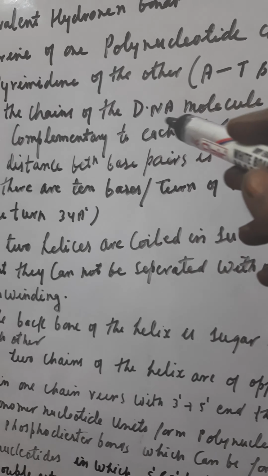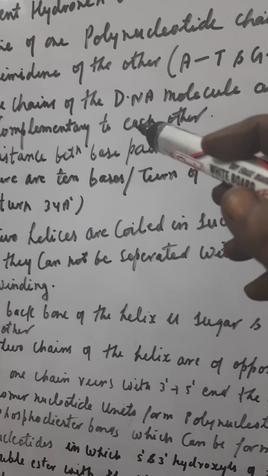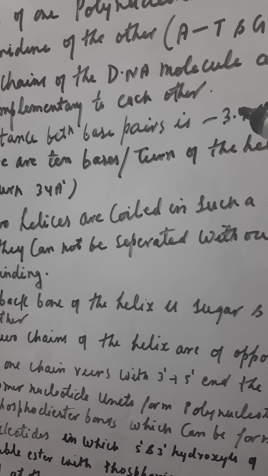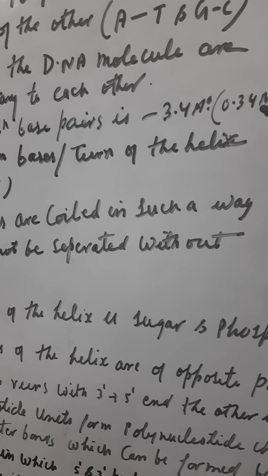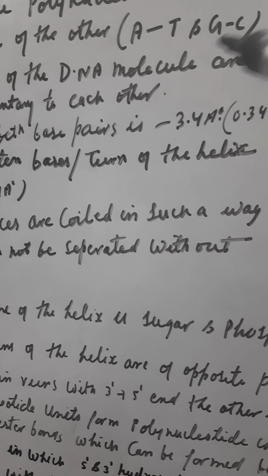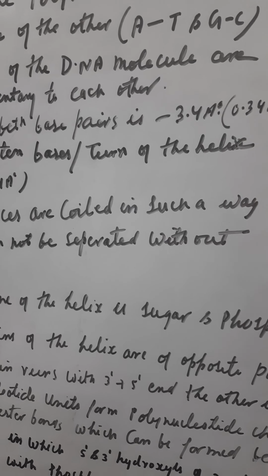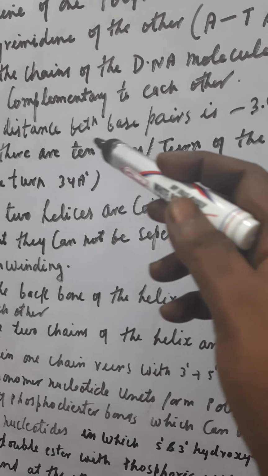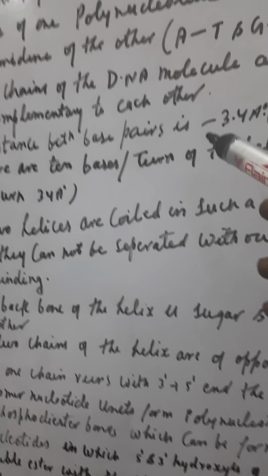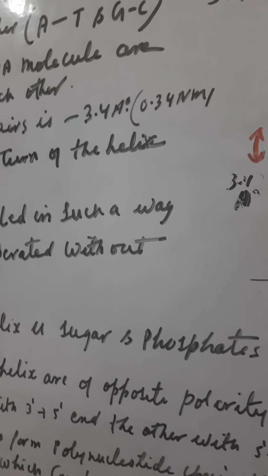Now, both the chains of the DNA molecule are complementary to each other. That is, adenine will pair with thymine and thymine will pair with adenine, guanine will pair with cytosine and cytosine will pair with guanine, and the distance between the base pairs is 3.4 angstrom.